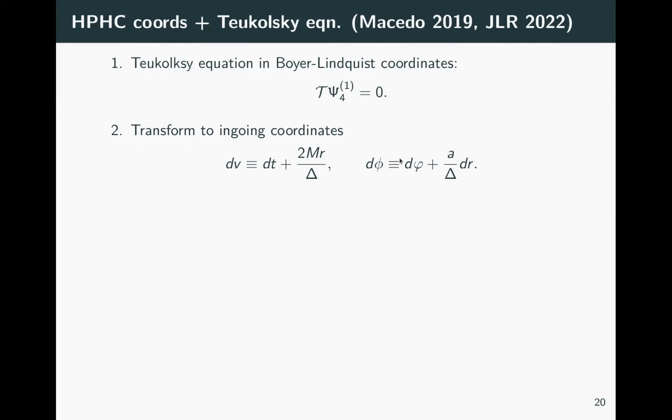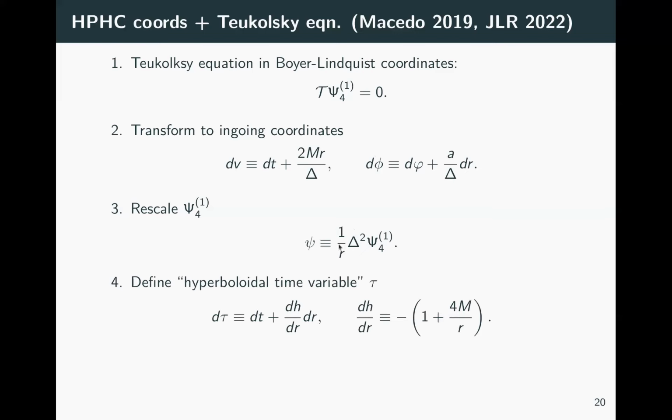And then we also untwist the spacetime by redefining a new angular coordinate. We then rescale psi4 to give it nicer, more regular properties at future null infinity, by rescaling in the following way. And then the interesting part is you define this hyperboloidal time variable tau, which we define in the following way. There's this so-called height function here, and a rescaling here.